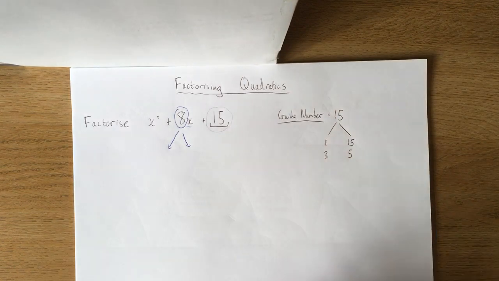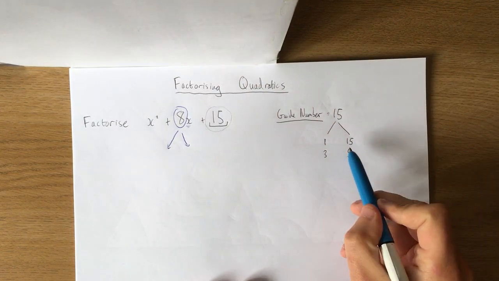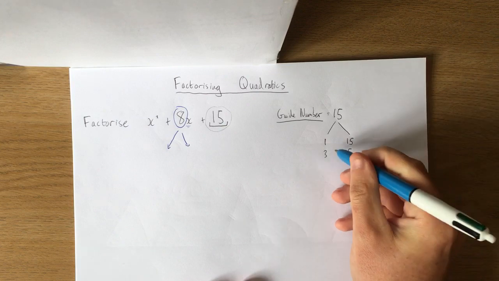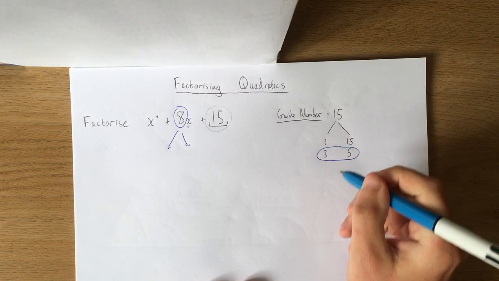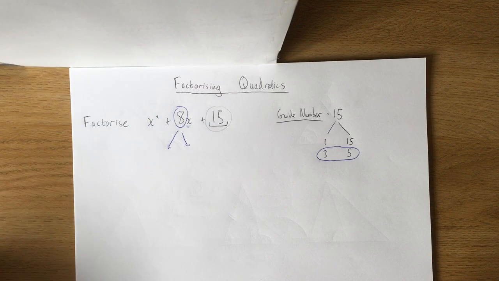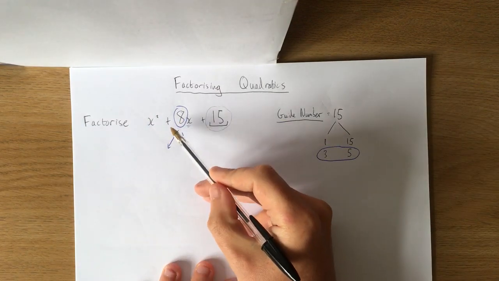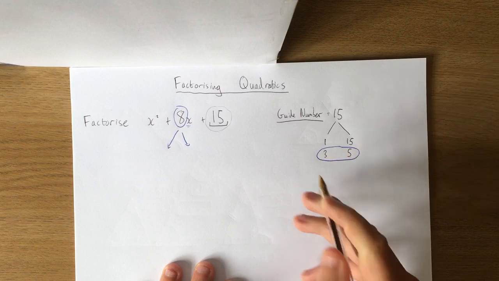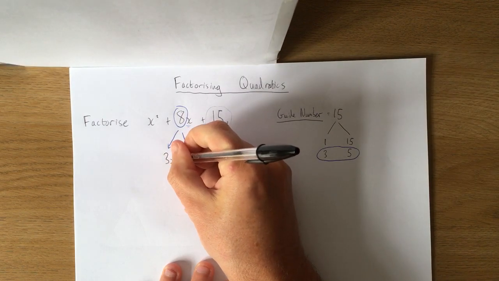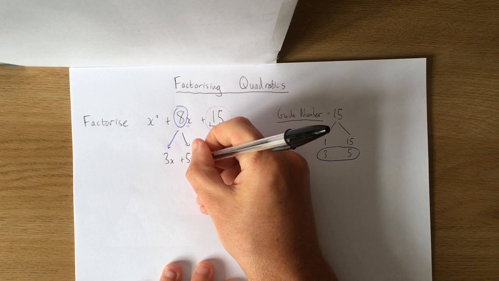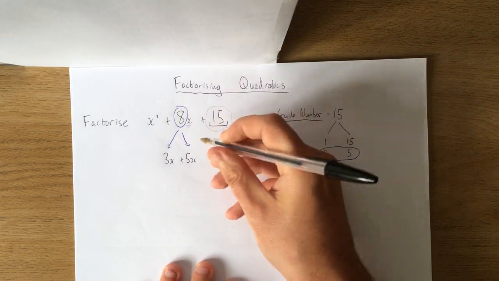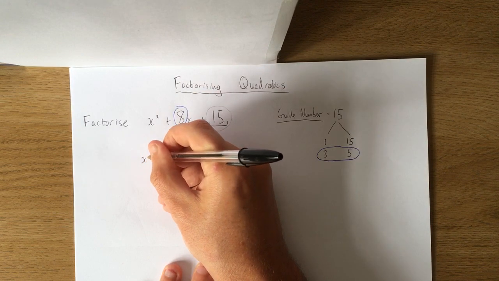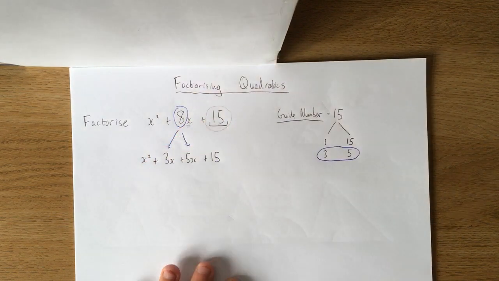You are looking for the pair of factors which add to 8. That's 3 and 5. So you're going to split 8x up into 3x and 5x. You're not doing anything to the 15 at the end, and you're not doing anything to the x squared at the start.